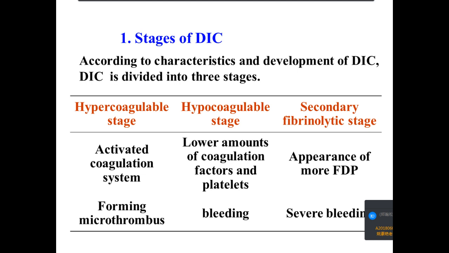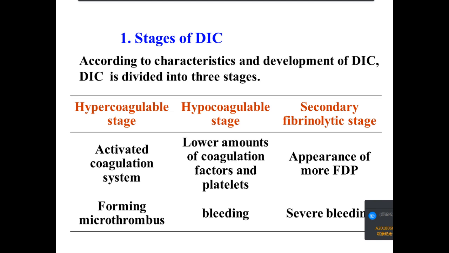Now, if a DIC patient has hyperbleeding, the patient must be in the hypocoagulable state or the secondary fibrinolytic stage, because bleeding happens in the last stage.